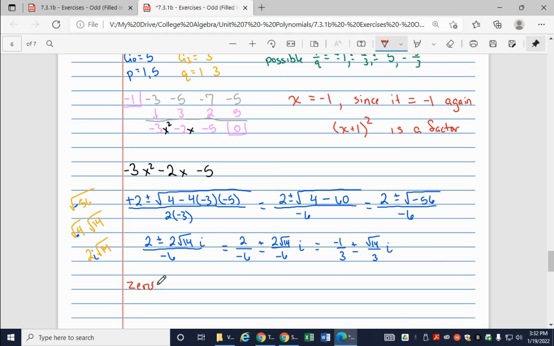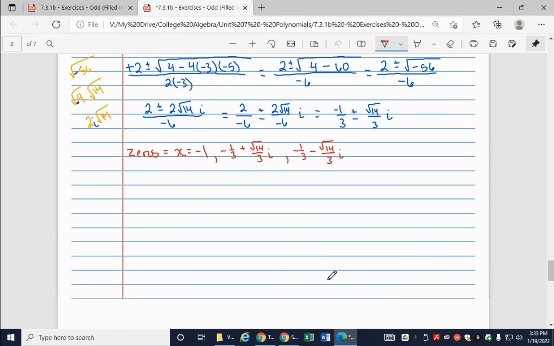My zeros are x equals negative 1. And then these two, negative 1/3 plus the square root of 14 over 3i. And negative 1/3 minus the square root of 14 over 3i.